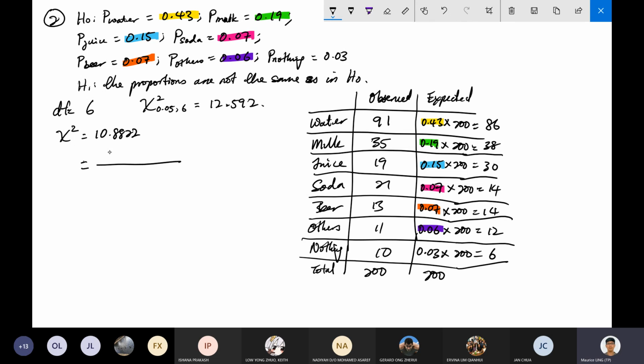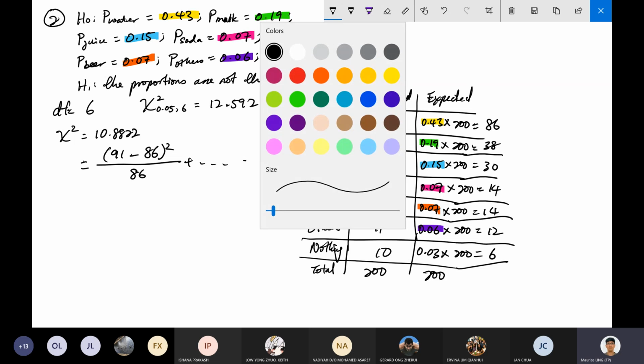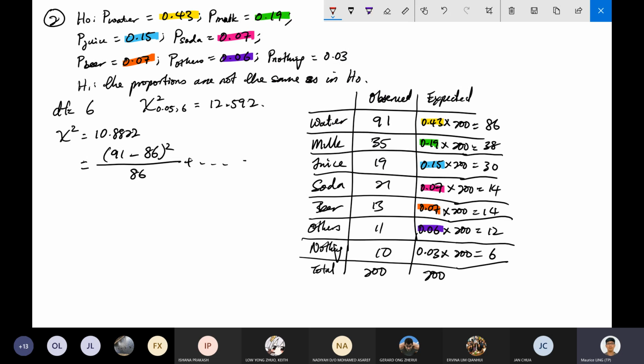You just take your observed 91 minus 86 square divide by 86, and so on. So conclusion, do you accept or reject the null hypothesis? Ishana again. Do you accept or reject the null hypothesis?